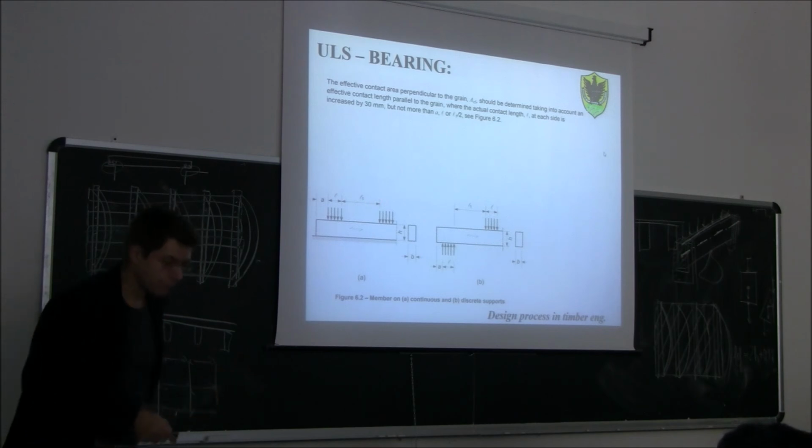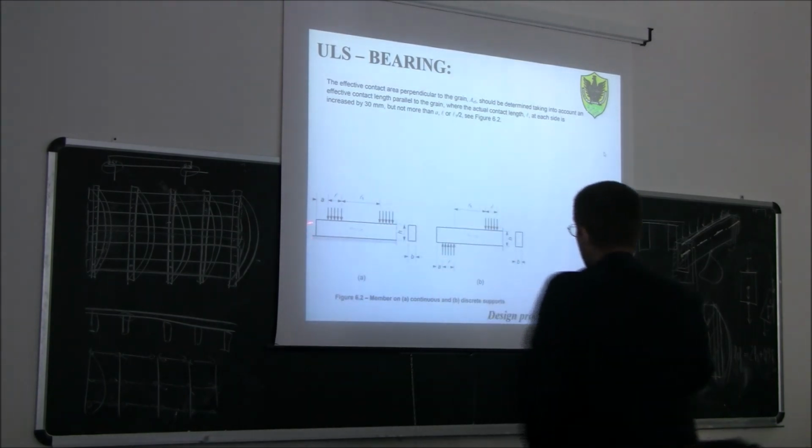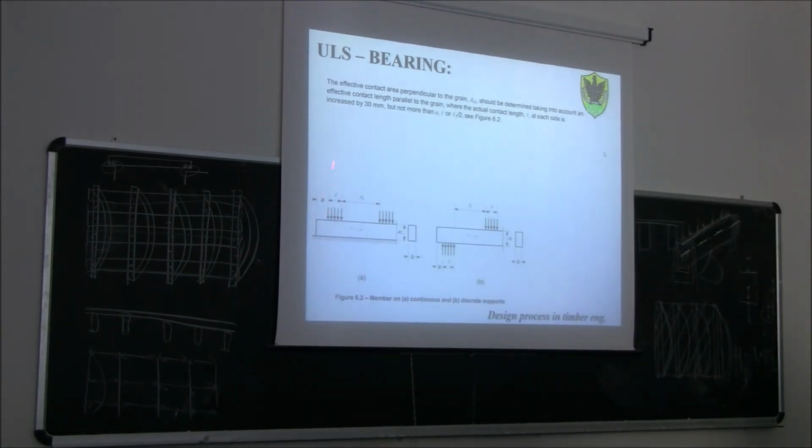So basically, if I have a beam which is supported on a continuous timber member, the effective contact area will be the actual breadth where the top beam is supported by the lower beam, and this breadth can be increased by 30 millimeters. But in any case, it should not exceed 30 millimeters each side, on the right and the left, and it should not exceed the same distance L or L1 divided by 2.